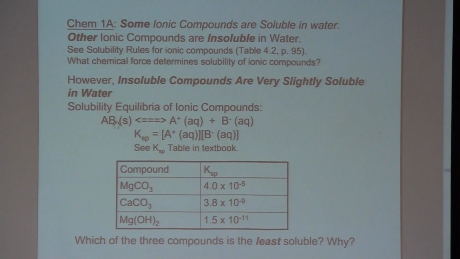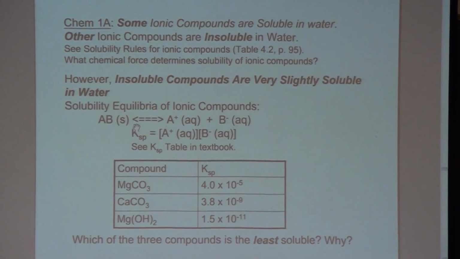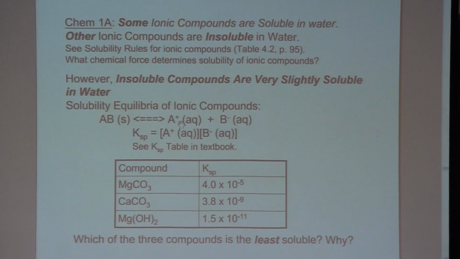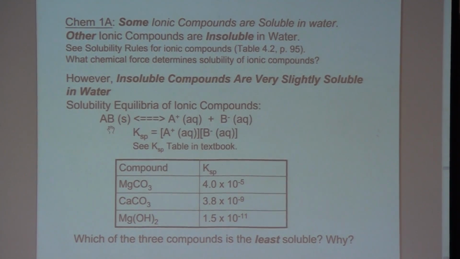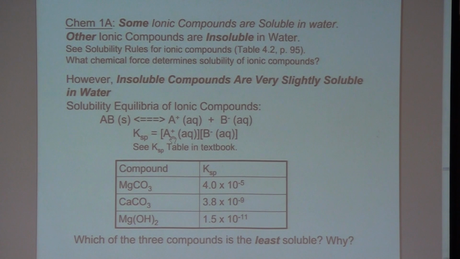So if we have an ionic compound represented by AB, that dissociates into A+ aqueous and B- aqueous. In other words, the ionic compound dissociates into its ions. The equilibrium constant is called Ksp, and that's equal to [A+] times [B-]. And there's a table of the solubility constants in the textbook.